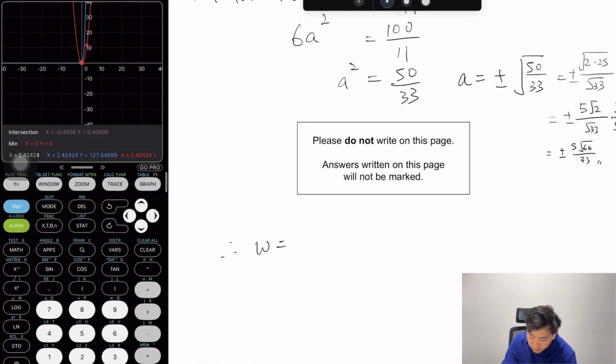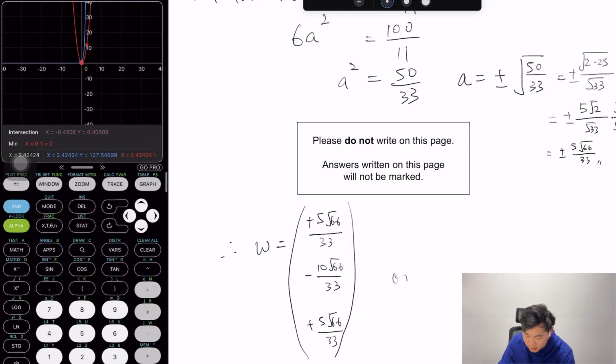W could be plus 5 root 66 over 33, minus 10 root 66 over 33, plus 5 root 66 over 33. That's the first answer.